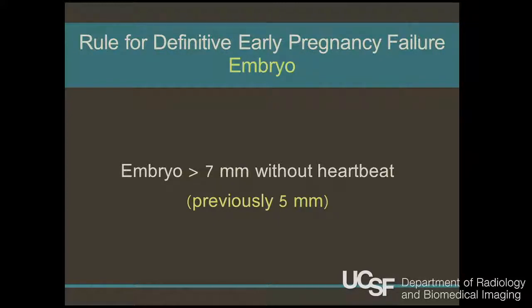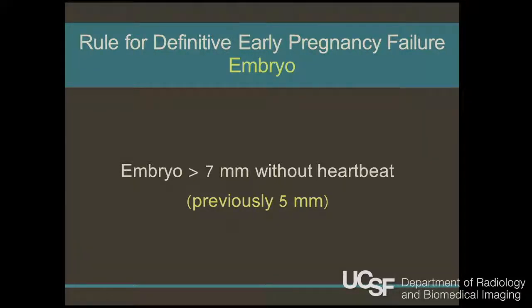The data that made these changes came out of England, where a lot of non-physicians interpret ultrasounds, and I think they were having a lot of screw-ups. People were calling something that was probably an embryo not an embryo, and then they called it dead, and it really wasn't dead. Because of that, they changed the guidelines for everyone.